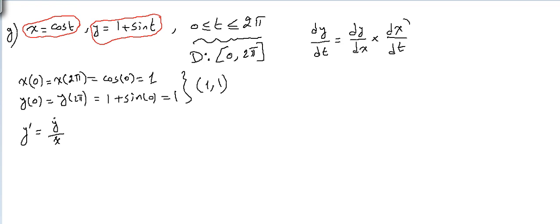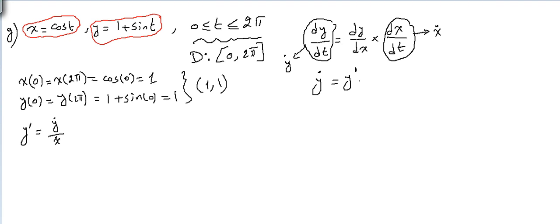And dx over dt we call x dot, which is the derivative with respect to parameter t. All right, so y dot equals y prime times x dot, then y prime equals y dot over x dot.